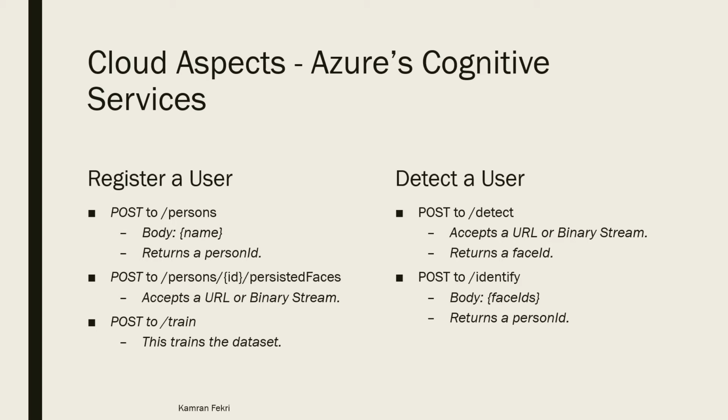Then you take this face ID and send it to identify. If the system recognizes this face, it'll return a person ID, and also a confidence percentage to show how confident it is about that face. So these are the two actions that make up our program. They're very powerful but very simple.